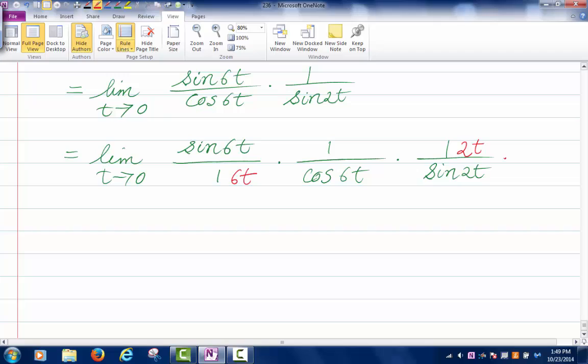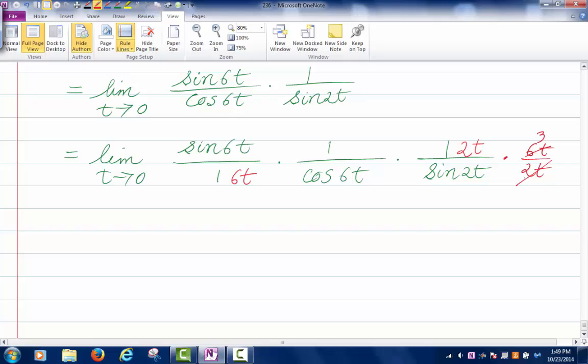So by what factor did I change the expression? I changed the expression by a factor of 2t over 6t, right? So we have to then multiply by what? 6t over 2t, which means basically what? 3/2, right? No, 3. Just 3.